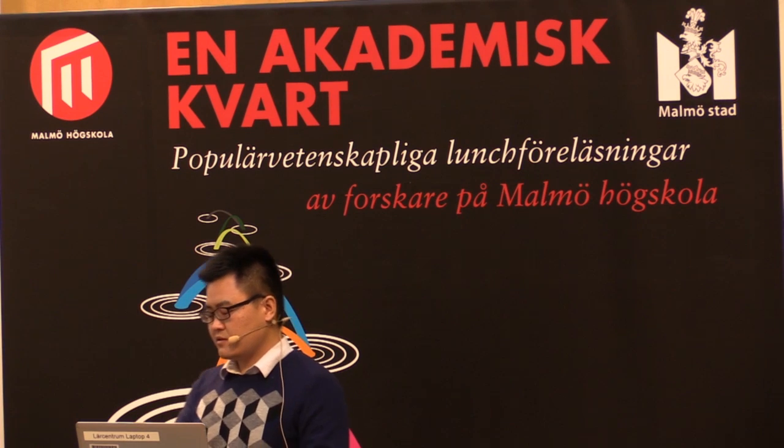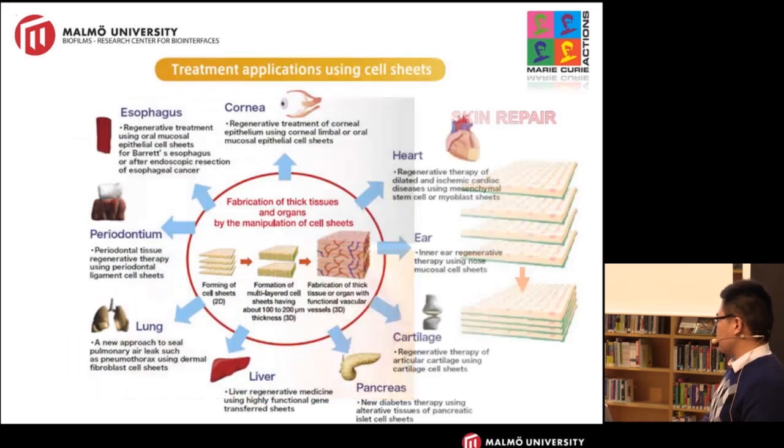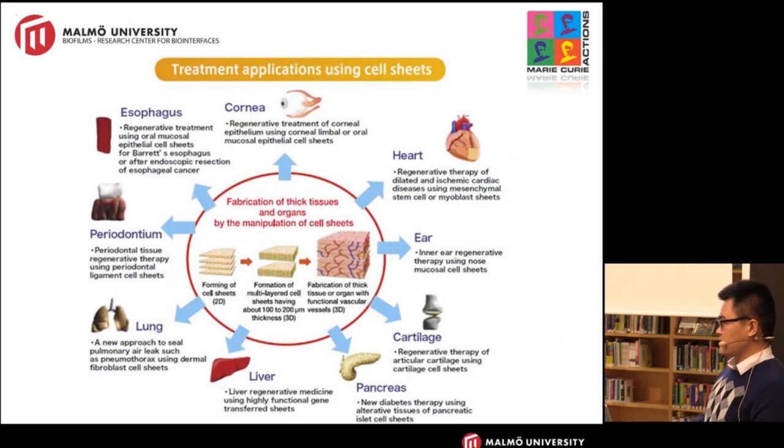So this is useful. Of course, scientists have been working on this for many years. With the continuing effort from scientists, we can repair a lot of tissues or organs in our body, for example, esophagus, periodontal, lung, liver, cardiac, cartilage, even from top to bottom. You can imagine all of the organs or tissue you can repair by these technologies.